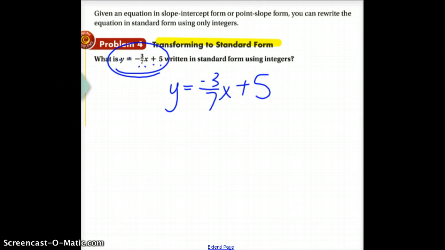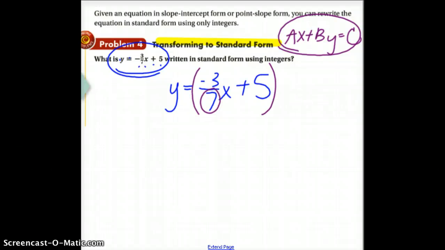We know that standard form, which we just learned about, is ax plus by equals c. So it's not that hard. Notice in this formula, you don't want any fractions. We want just integers. So to get rid of the fraction we see in this equation, I am going to multiply this whole side by this denominator of 7.